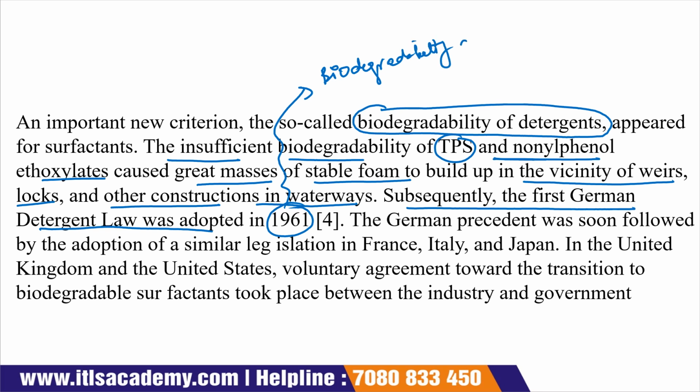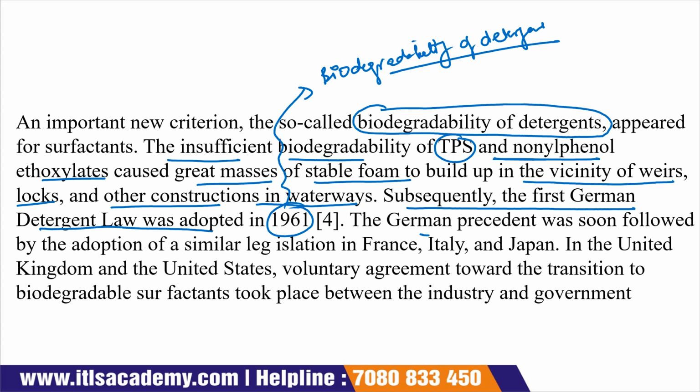Why was this law formed? Because detergents which contained TPS and nonylphenol ethoxylate caused a great stable foam near the waterways, which contaminated the waterways. That's why in 1961 a German detergent law was adopted.